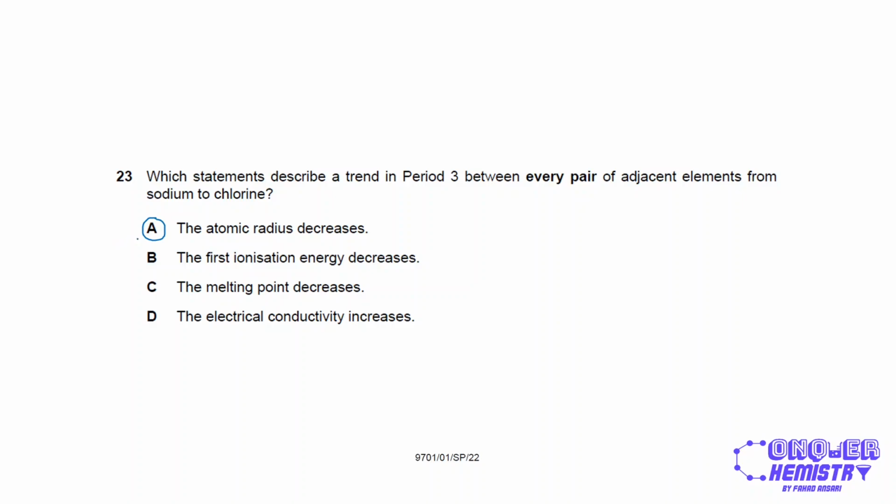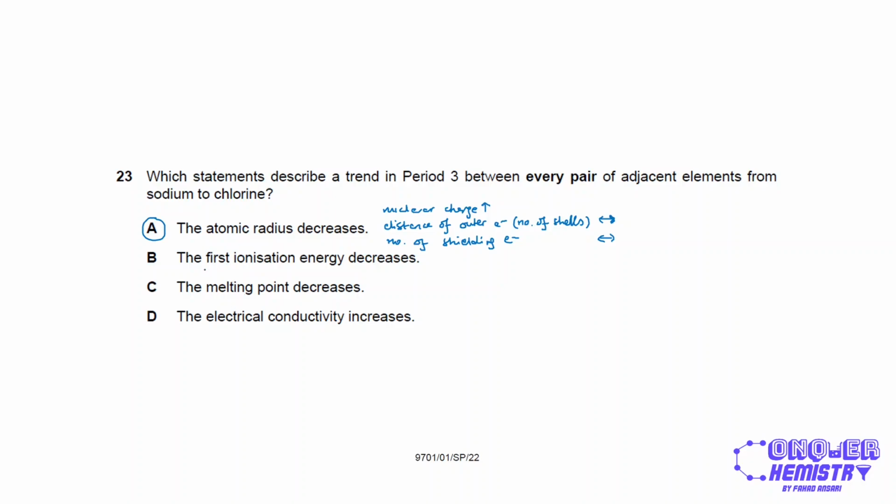The atomic radius decreases because the nuclear charge increases, and the other 2 factors, namely the distance of outer electrons in terms of number of shells, and the number of shielding electrons, remain the same, and so it'll be in fact the atomic radius that decreases.